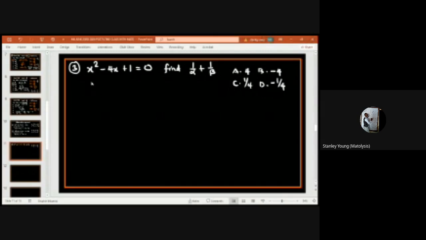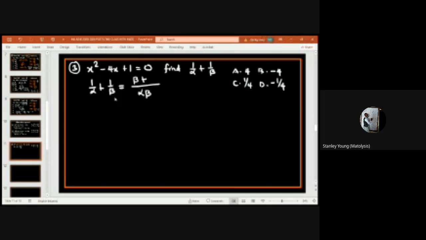So the first thing you want to do is, since we have 1 over alpha plus 1 over beta, this is not the conventional alpha plus beta and alpha beta. But there is a way you can reform this expression to give you what you want. By finding the LCM, LCM is alpha beta. Alpha in alpha beta is beta, beta times 1, we have beta.